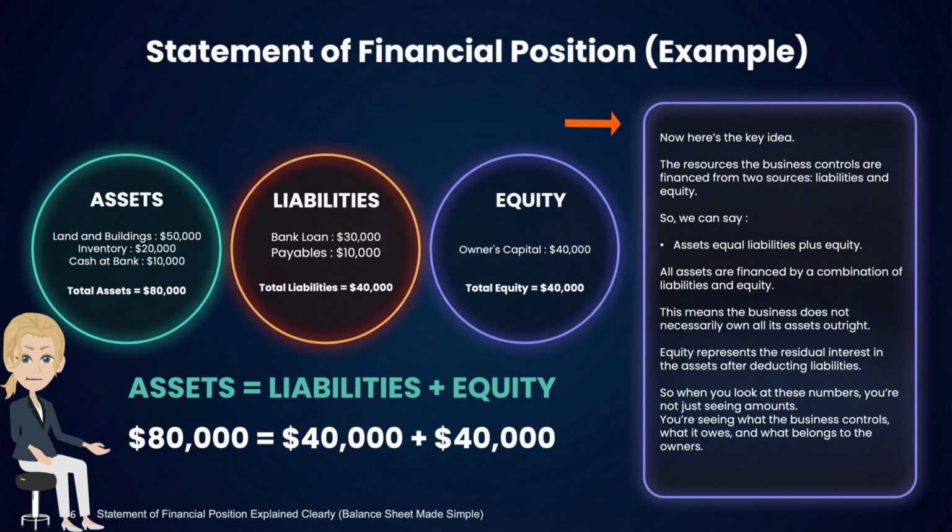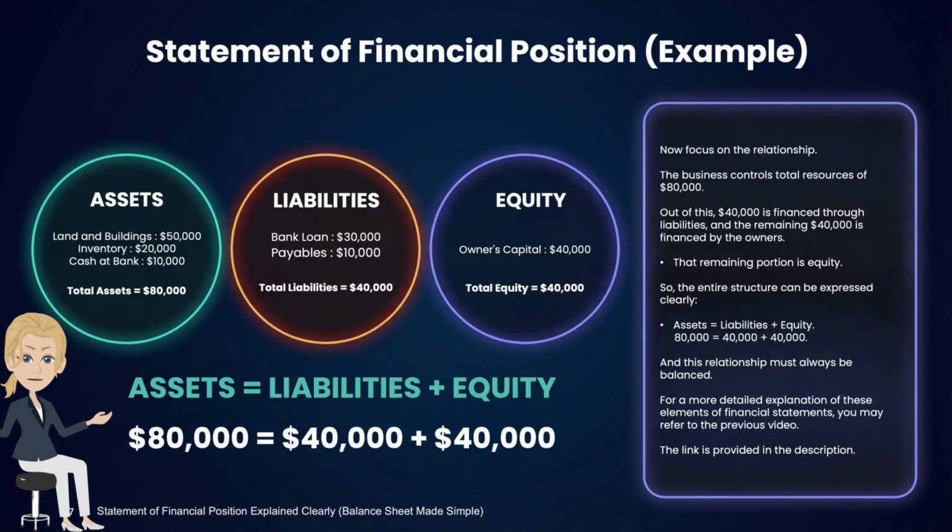This means the business does not necessarily own all its assets outright. Equity represents the residual interest in the assets after deducting liabilities. So when you look at these numbers, you're not just seeing amounts. You're seeing what the business controls, what it owes, and what belongs to the owners.